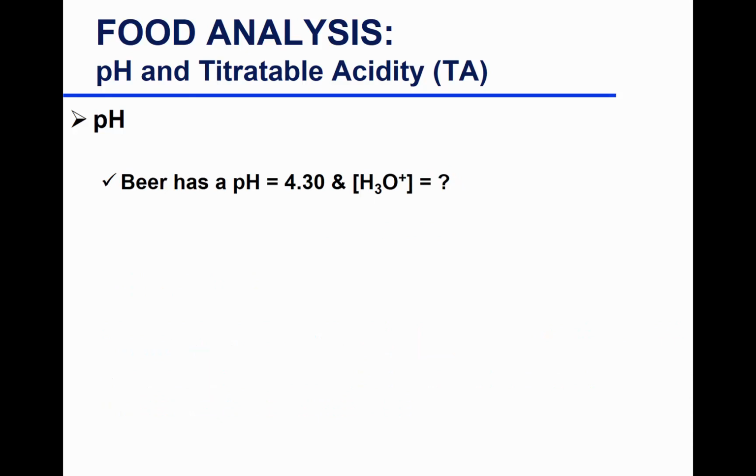Okay. So if beer has a pH of 4.3, now the opposite. Here you want to use anti-log on your calculator. So pH 4.3, what would be the concentration? Do you have anti-log on your calculator?